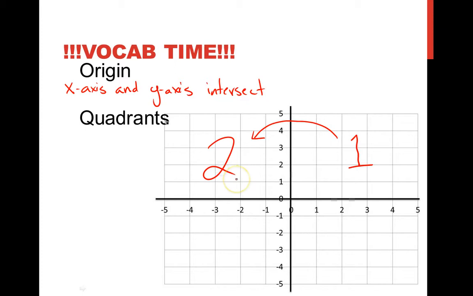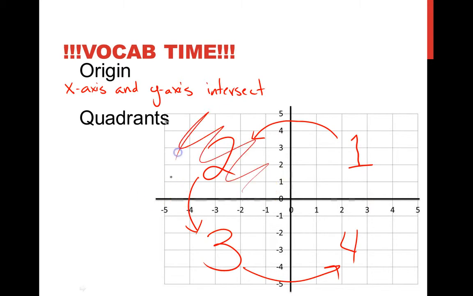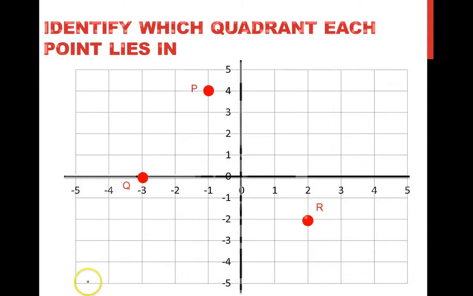So my second quadrant is right there, my third quadrant is there, and my fourth quadrant is down there. So it starts in the top and then goes counterclockwise, 1, 2, 3, 4. So if I say something's in my second quadrant, I know it's somewhere in this area. If I know it's in my fourth quadrant, I know it's somewhere down here. So that's what quadrants do, and you can see how the x and y axis create those.